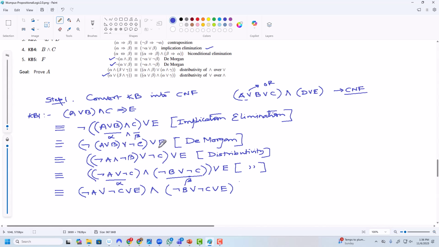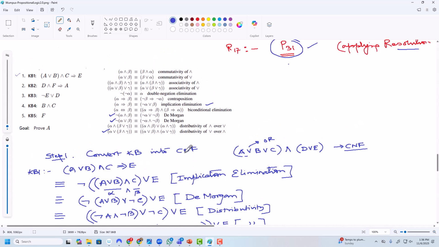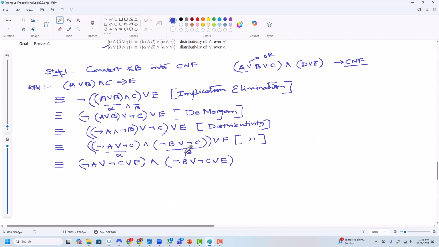So now we have two clauses. Now by simplification, or and elimination, we can say individually both are true. So this is alpha and beta, both are true because it's and-connected, so individually they are true.